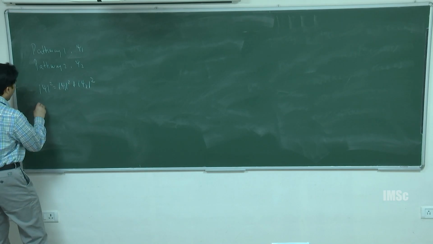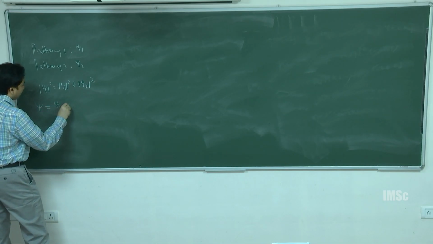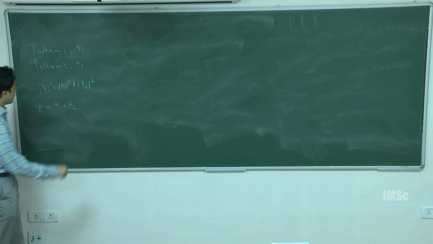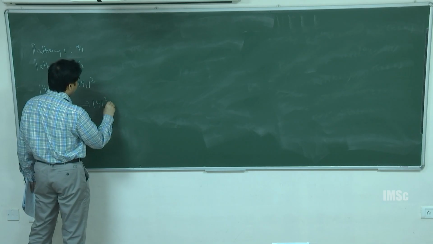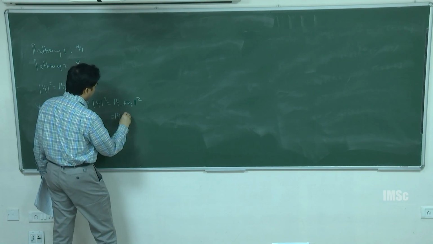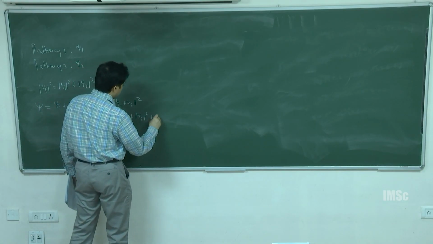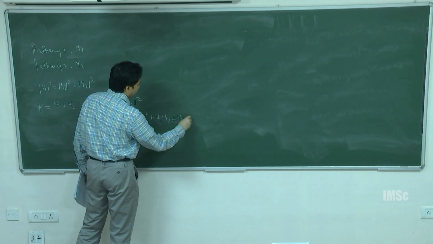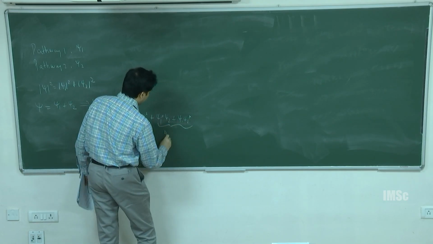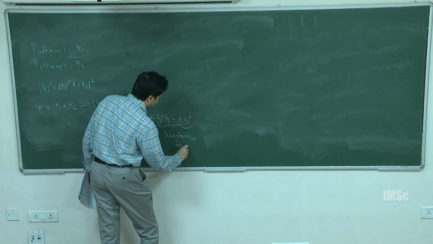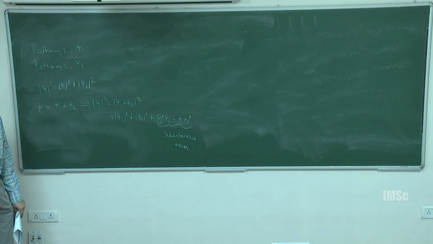If you don't know which path the photon has taken, you have to add the amplitudes before you calculate the mod square. I'm just simplifying this one. This is the interference term.